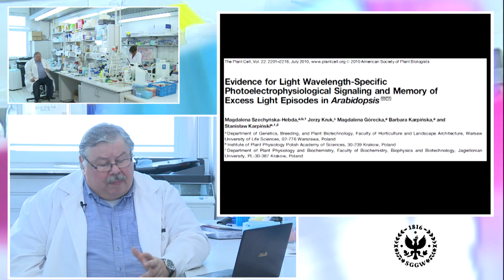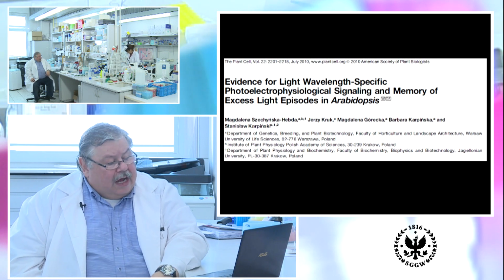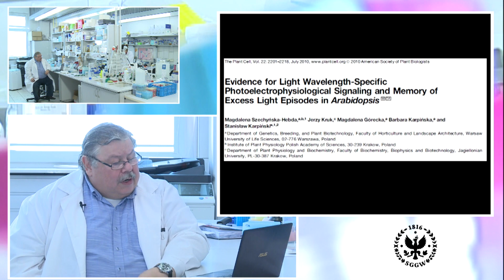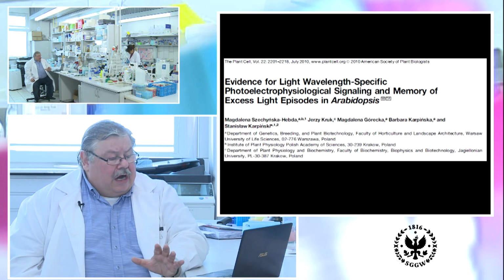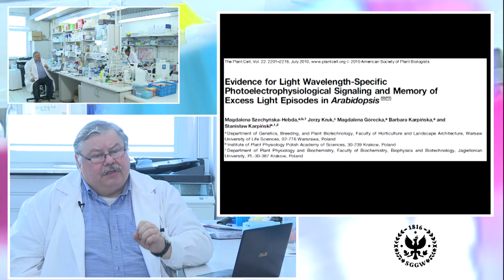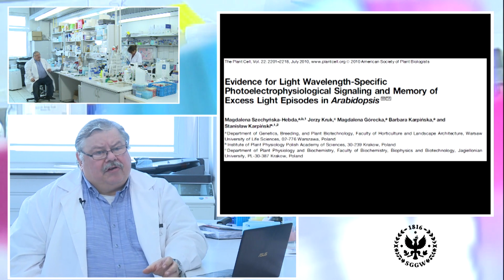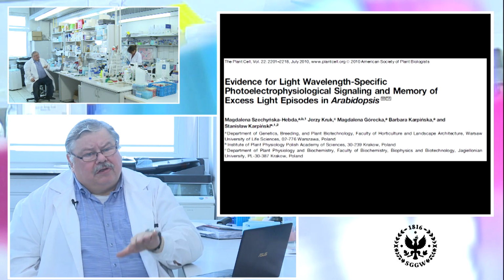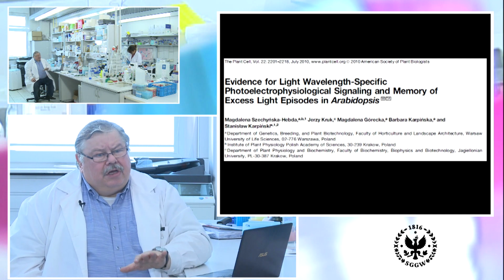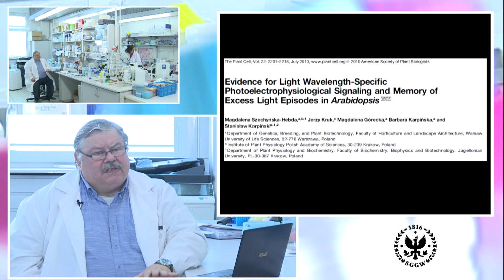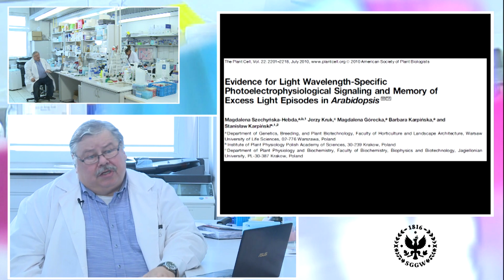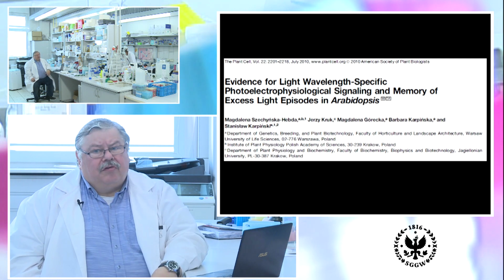In 2010, we published this article, "Evidence for a light wavelength specific photoelectrophysiological signaling and memory of excess light episodes in Arabidopsis." This article showed in general that electrical signaling and membrane polarization, which is transmitted from cell to cell, is an important regulator of systemic acquired acclimation and systemic acquired resistance.